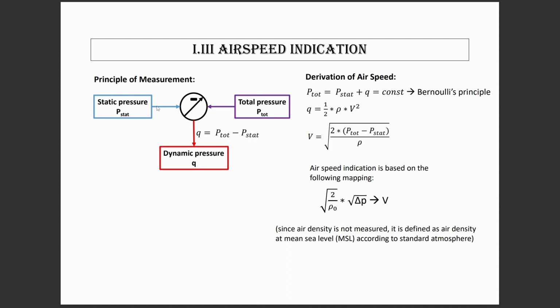Why? Because we learned in one of the previous lessons that our aircraft's speed directly correlates to the lift that we generate. And if we keep everything else constant, like our altitude, for example, that we are currently flying at, then we can vary our lift by varying our speed and also our angle of attack. But we are looking at speed for now.